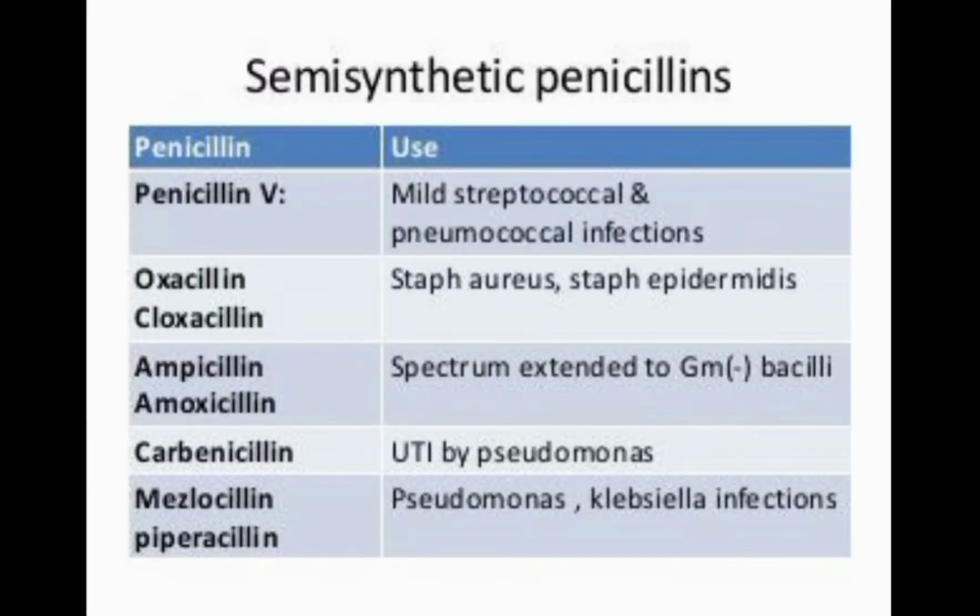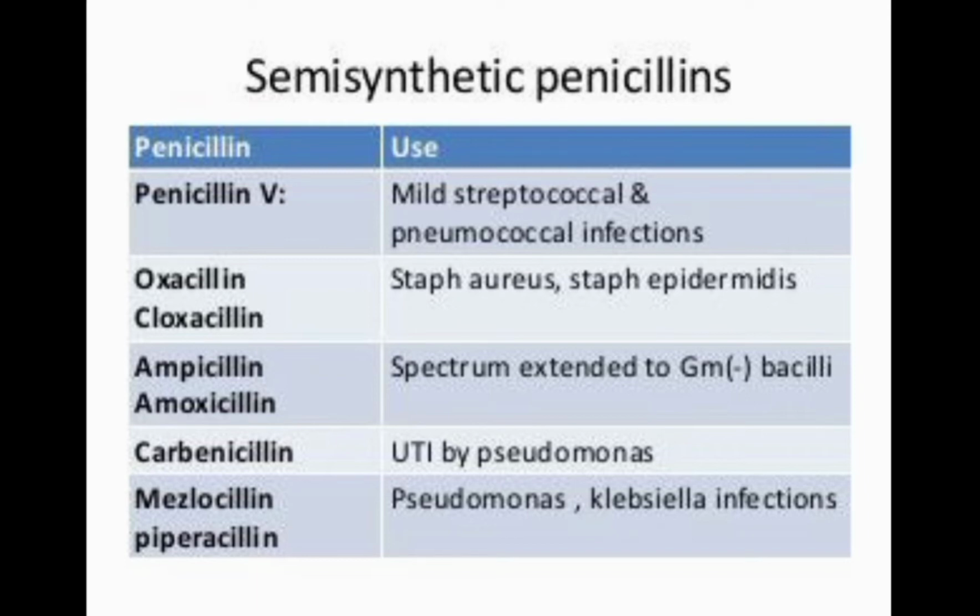So, semi-synthetic penicillins and some of their indications. What are their targets? What is their spectrum? When we look at penicillin V, that's phenoxypenicillin, we use it on mild streptococcal and pneumococcal infections. Oxacillin and cloxacillin, we use them on Staphylococcus aureus and Staphylococcus epidermidis.